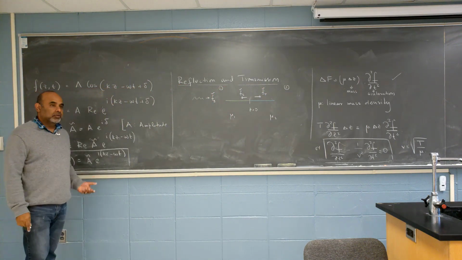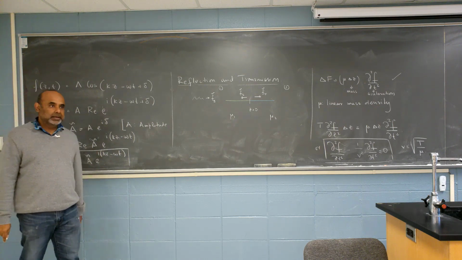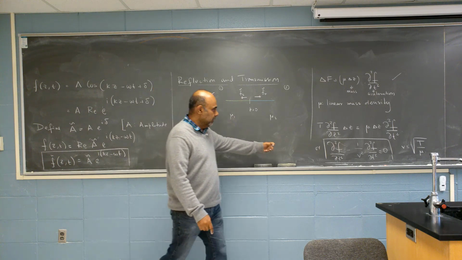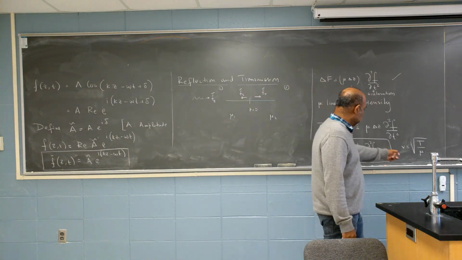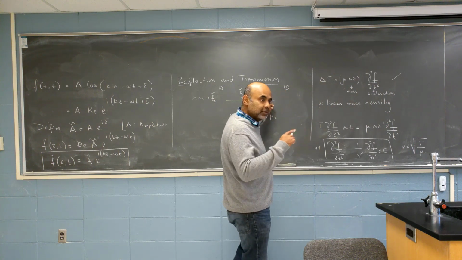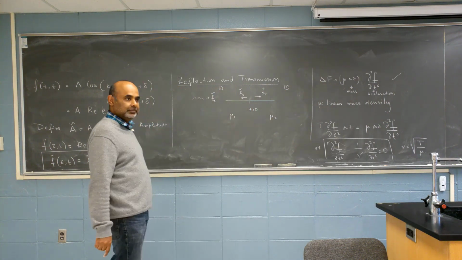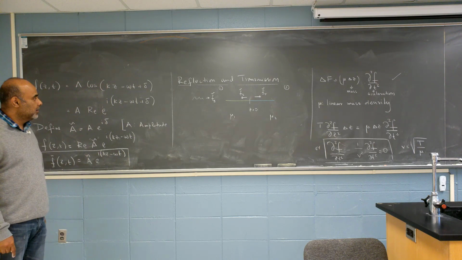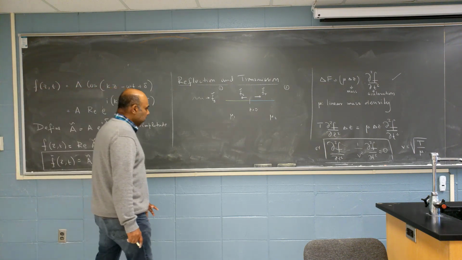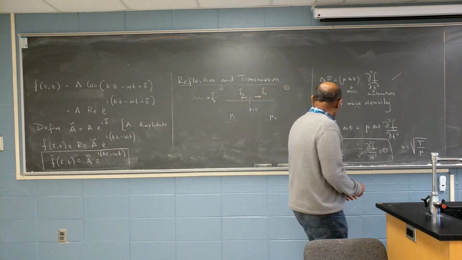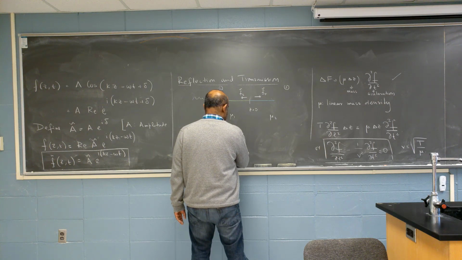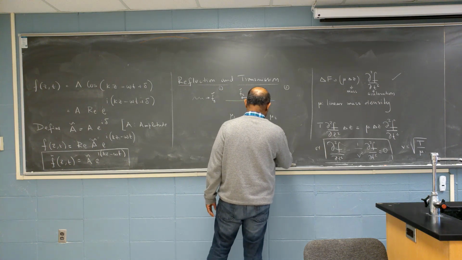The incident and the reflected wave will have the same speed because it's the same linear mass density. The tension is fixed in the string, so the only variable is over here. On this side, the wave has to have a different speed. Fine. Now, let's imagine the wave is doing what waves do.